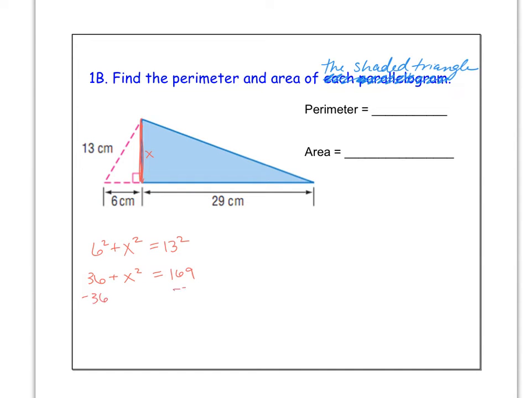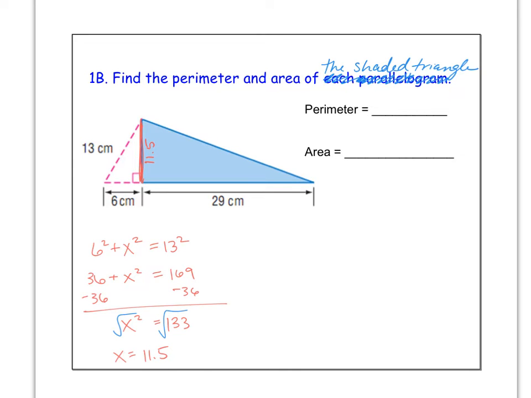Subtract 36. X squared equals 133. And then remember you have to square root. And when you type that into your calculator, you get about 11.5. So I'm going to label that. I'll erase this X, and I'm going to label this 11.5.